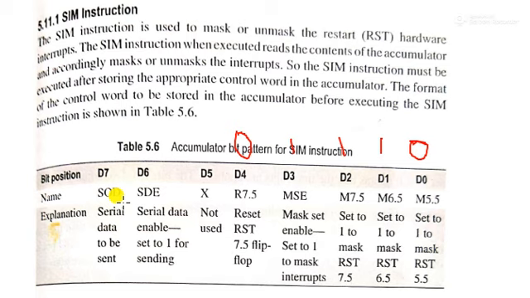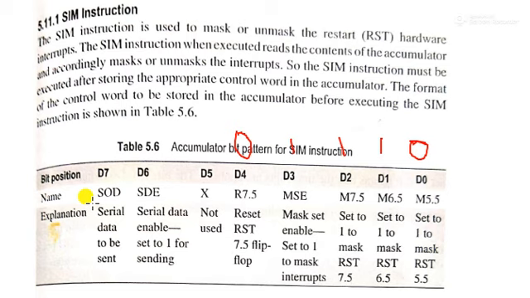These two bits are used for serial communication, because inside the processor parallel communication is performed with an 8-bit data bus, but outside the processor serial communication is performed.